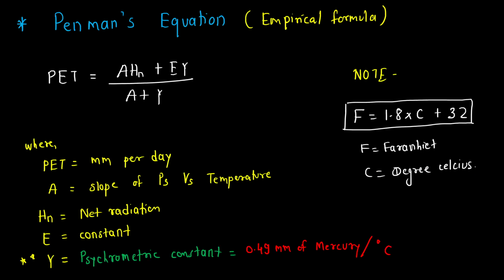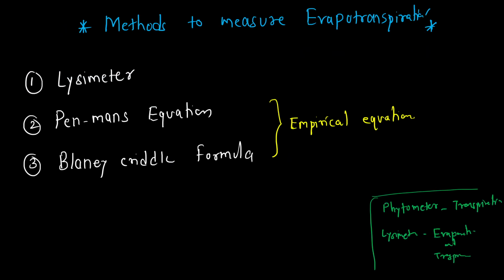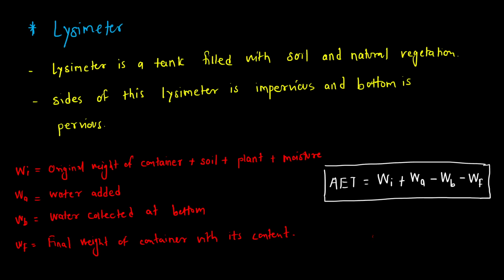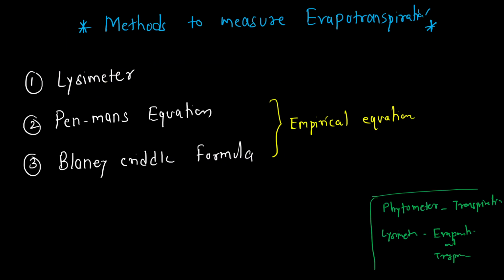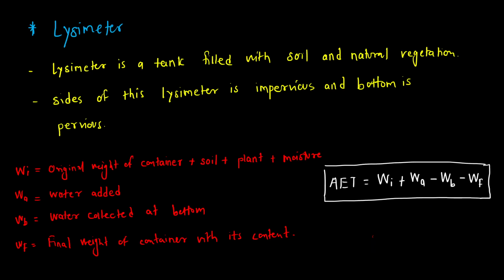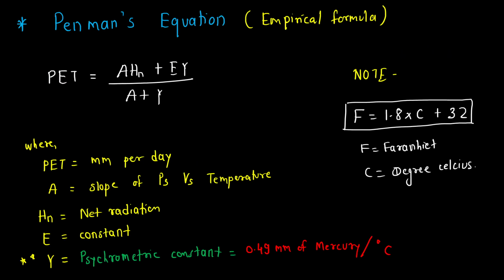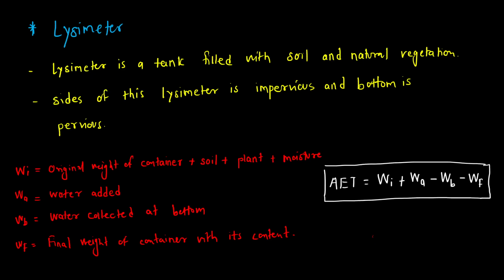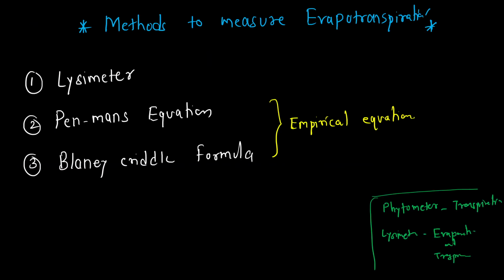Now we have discussed all the three methods for calculation of evapotranspiration. The first one is a method, that is lysimeter. Then the remaining two, Penman's equation and Blaney-Criddle's, are both empirical formulas. It is necessary at the basic level to remember the names of the formulas initially.